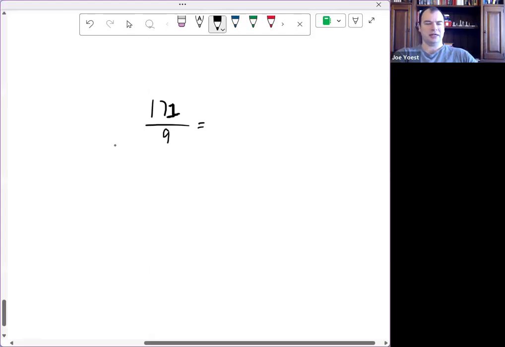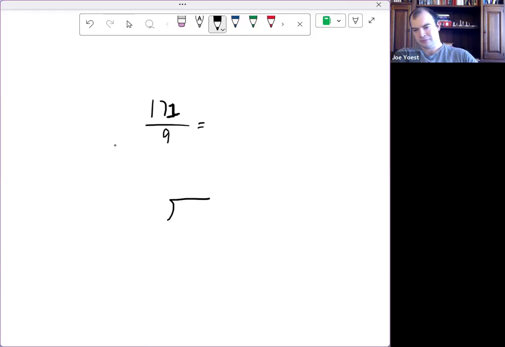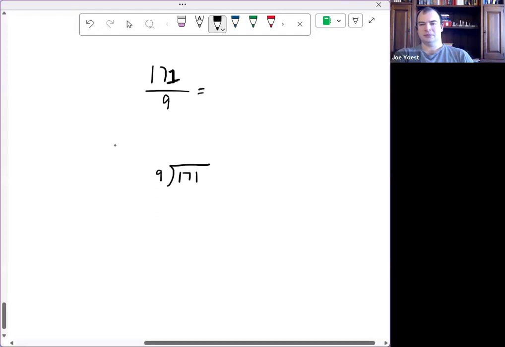So how can I figure out what I should write here? What should this be when I simplify it? What would I do? I would do long division if I was doing this by hand. And basically what I think of with long division is, okay, does 9 go into the 1 here?